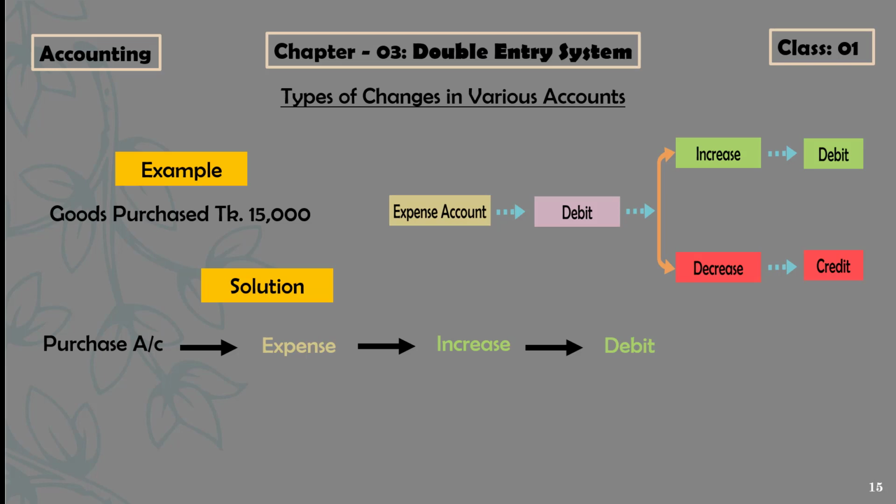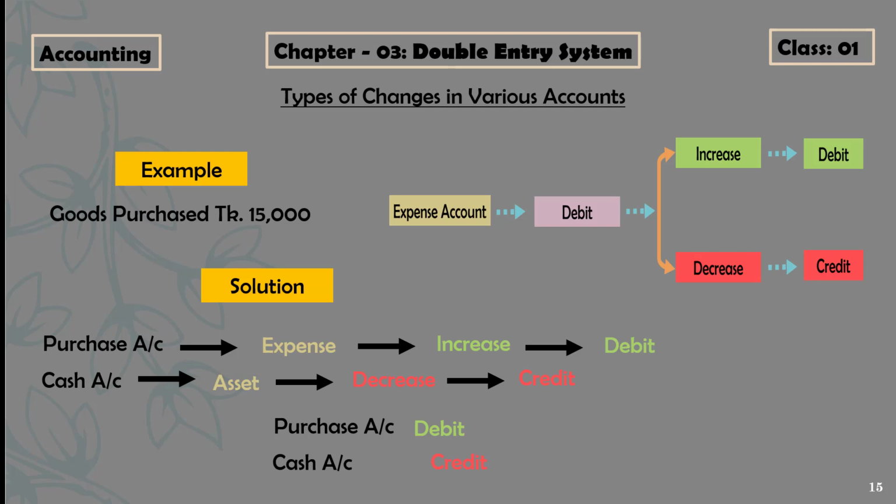Then the other account is cash account, because we have paid cash for the purchased goods. Cash account, which is an asset account, has decreased because we made payment by cash. So due to the decrease in cash, we will credit it. So finally our result is purchase account debit, cash account credit.